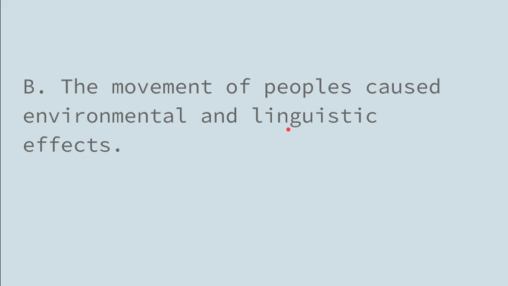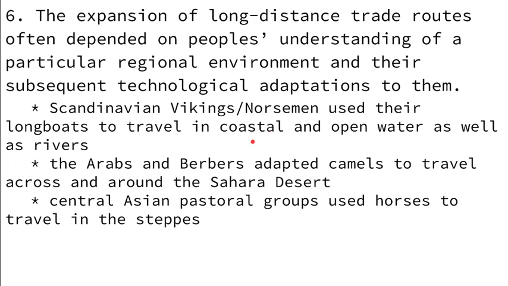Now, the movement of people is going to change a lot of things, and we're going to see how the environment leads people to develop technologies and ideas in order to adapt to the environment. So, for example, the Vikings are famous because of their longboats, because they live in a water area in northern Europe.